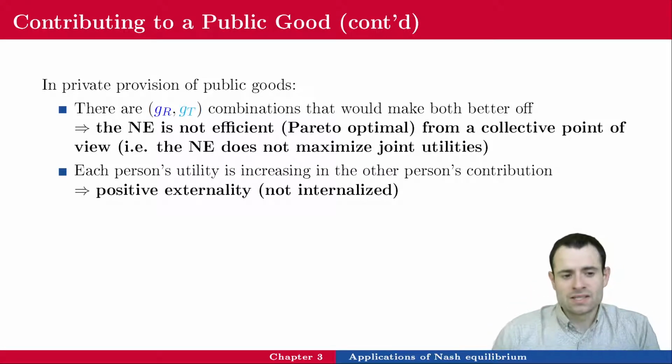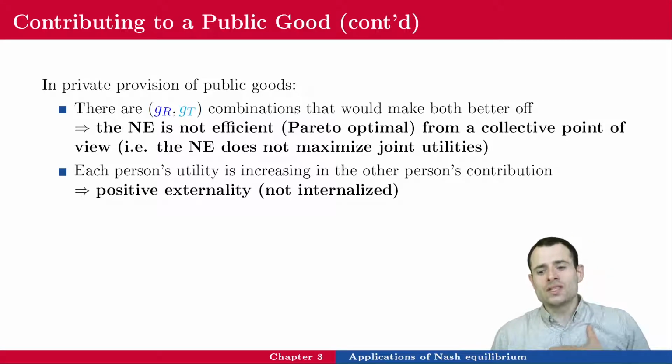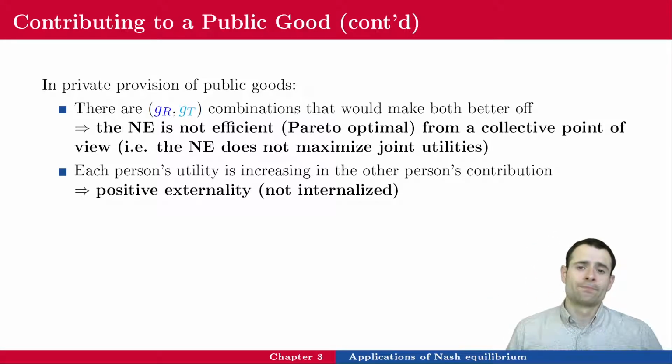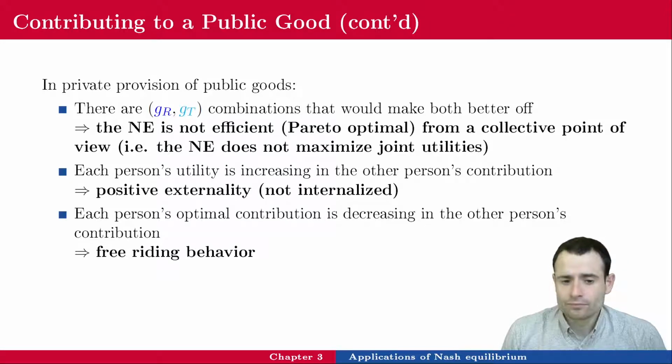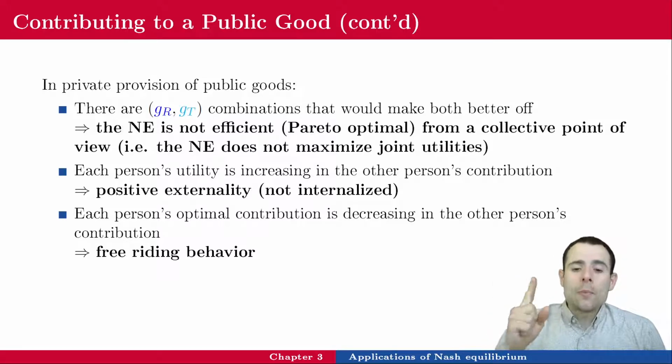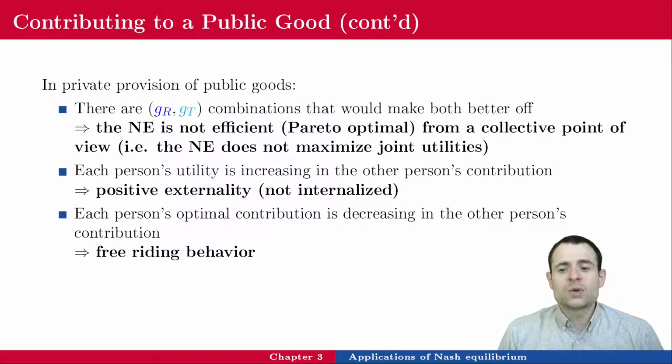So the idea is that each person's utility is increasing in the other person's contribution. Tom is happier if Rosia contributes more, and vice versa. There is an externality which is not internalized. However, each person's optimal contribution is decreasing in the other person's contribution.